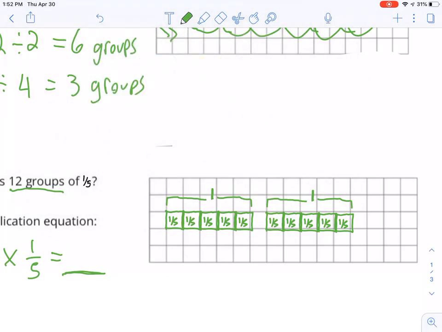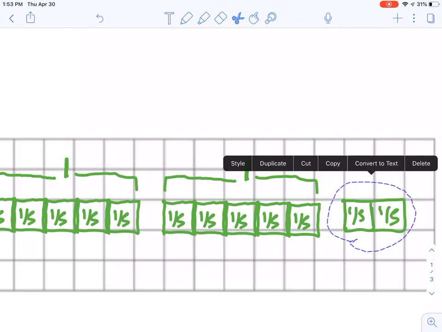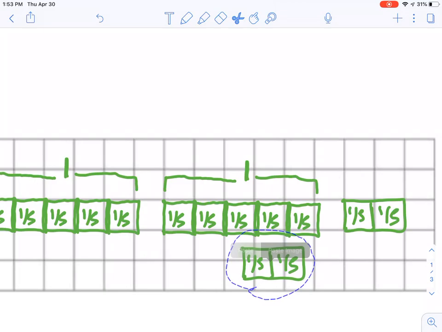But not 12 yet, so let's go ahead and make our final 2. Our final 2 1/5, okay? So we have 2 wholes, and then we don't quite have 3, right? We have a fraction of a group here, but what is that fraction? Well, let's go ahead and circle it, copy, and paste.